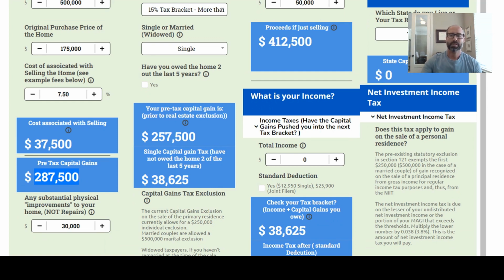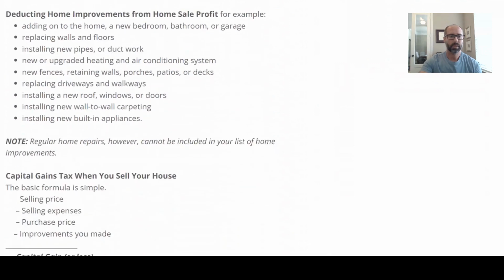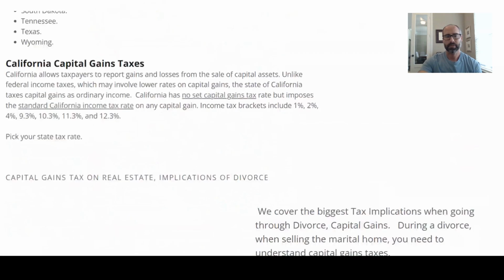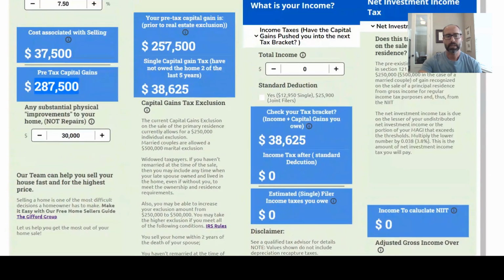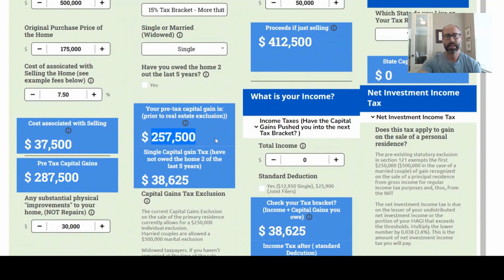We have a whole list of things that are included as improvements. If you scroll down a little bit here, we go over those things too, so definitely check that out, because you want to reduce your tax liability. That comes off the top, and it tells us here's our pre-tax capital gains.